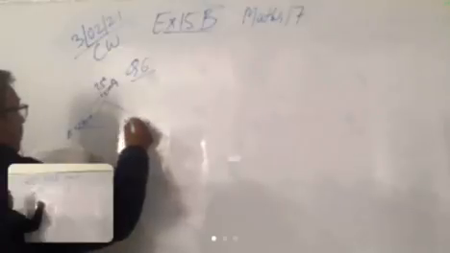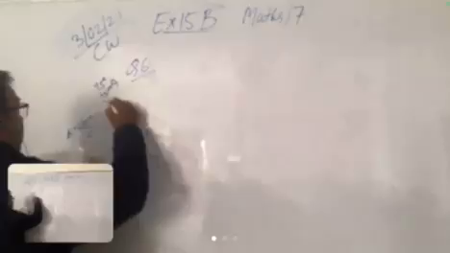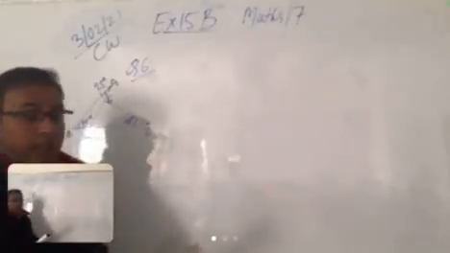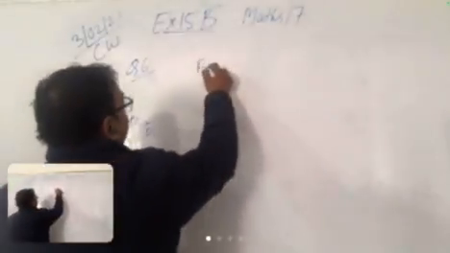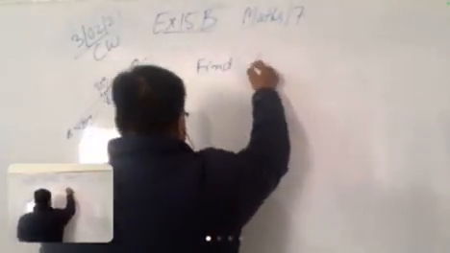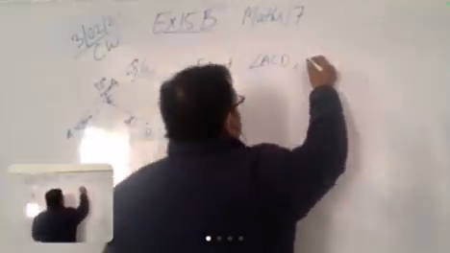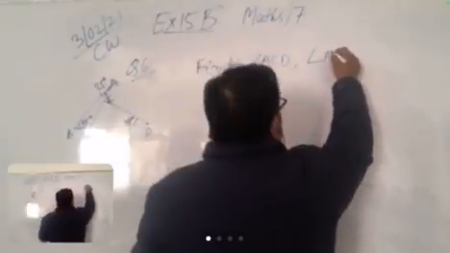This is 40 degree and this is C and this is D and this point is E. Everyone please check the figure in your book, and now we have to find angle ACD, angle AED.